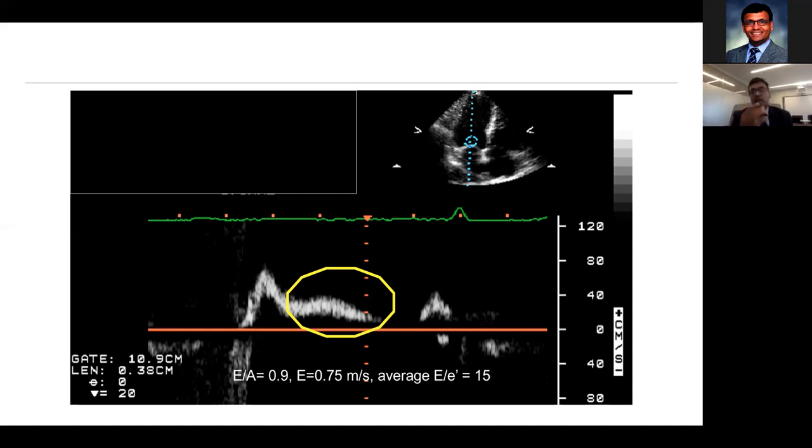And this is a sign of elevated filling pressure. Typically, it has to reach up to about 0.4 meters per second, and qualifies as elevated filling pressure in mid-diastole or L wave, and is a specific sign for elevated filling pressure.